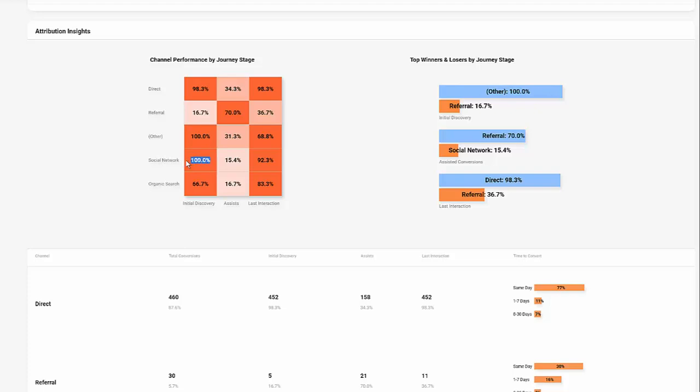That doesn't mean that social networks are 100% responsible for every initial discovery conversion. It just means that on that channel, 100% of the referred conversions or attributed conversions were initially discovered on that social network.